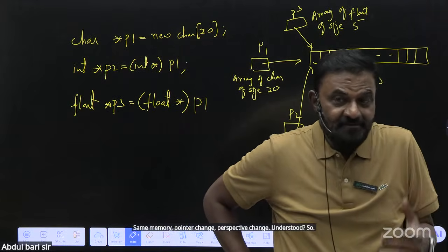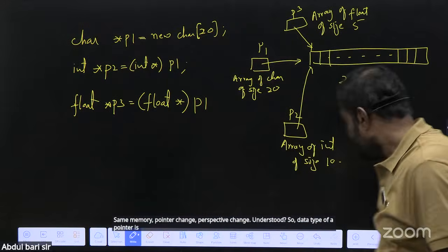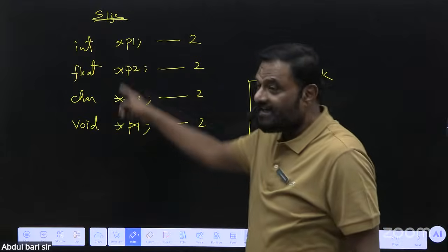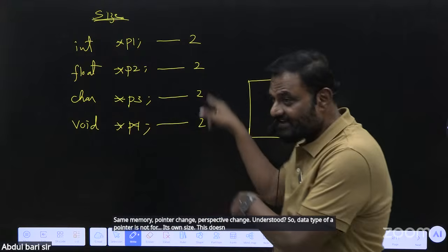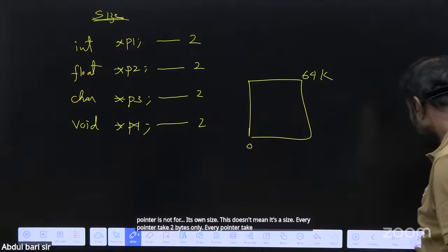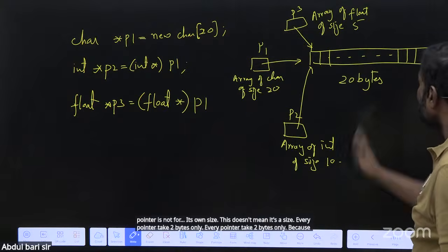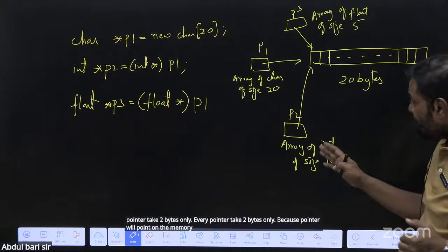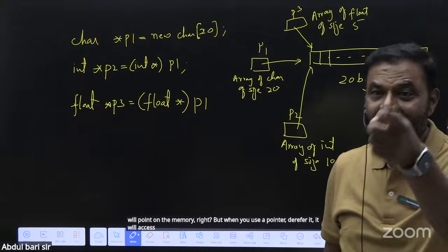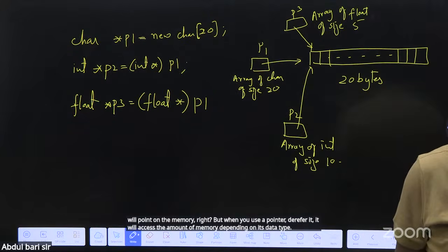So the data type of a pointer is not for its own size. Every pointer takes 2 bytes only, because a pointer points to memory, right? But when you dereference a pointer, it will access the amount of memory depending on its data type.